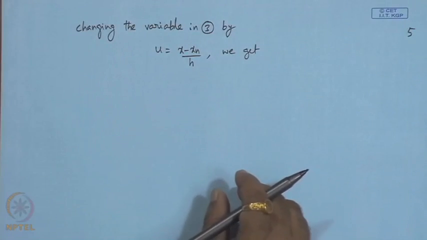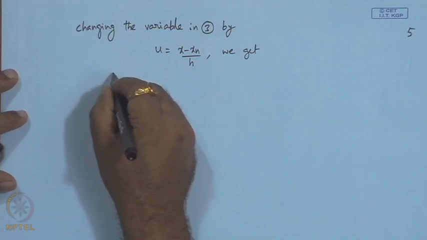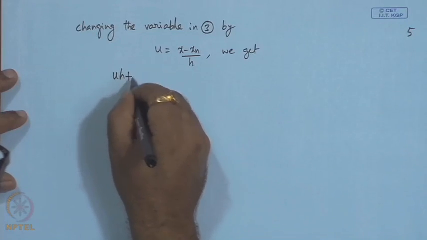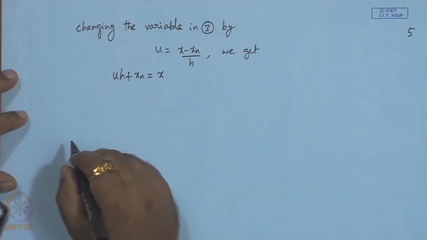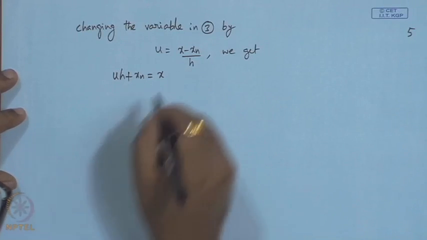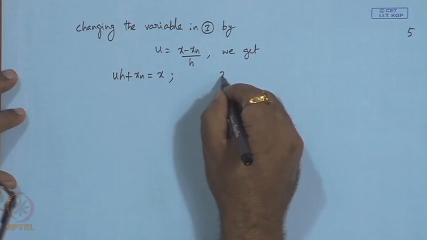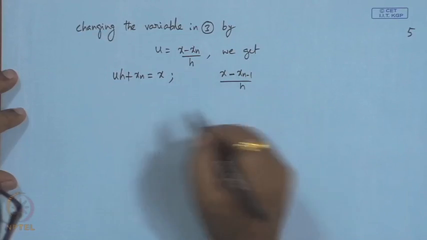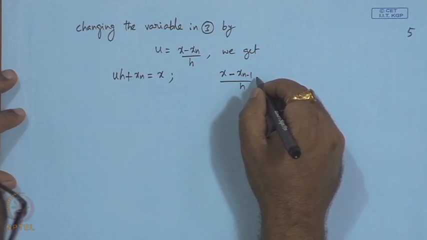That means u h plus x n is x. The next term is x minus x n minus 1, so we need to compute this.